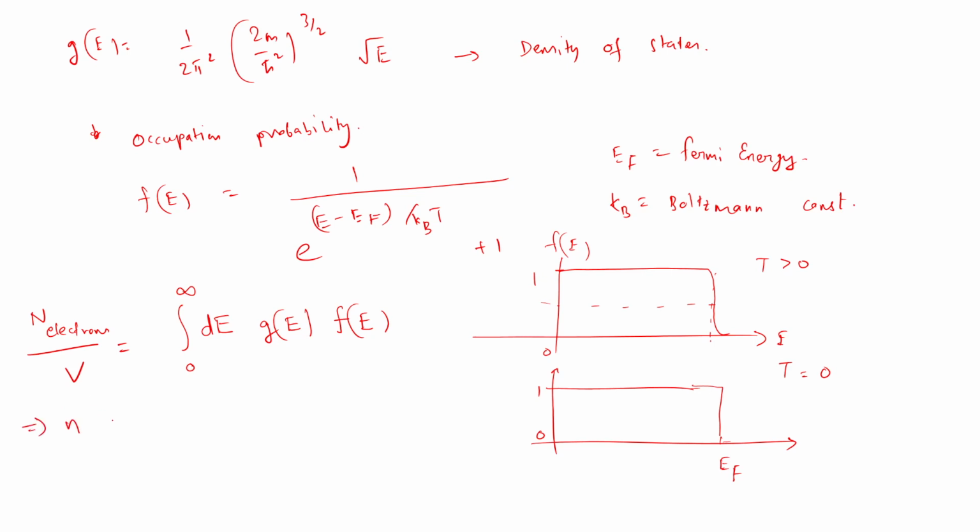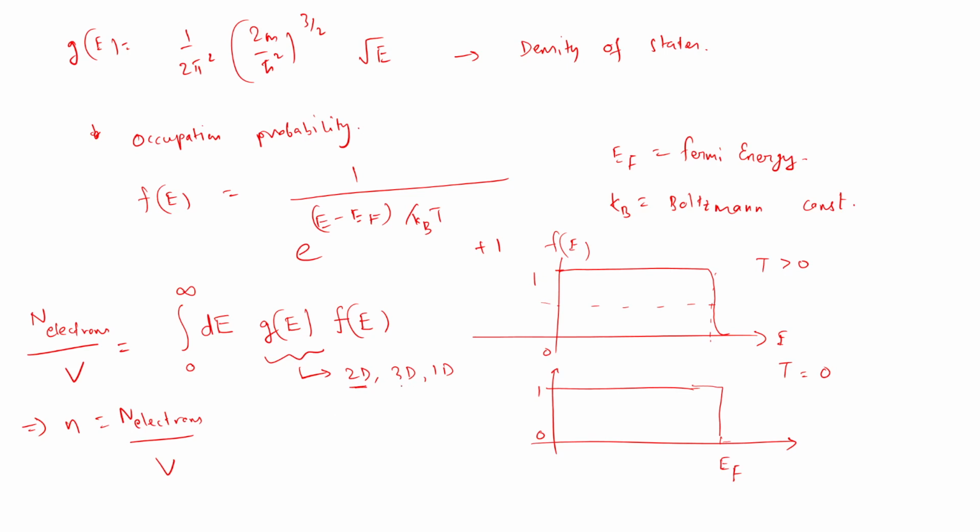So n is equal to N electrons over V. This G of E you can find for the 2D case, for the 3D case, and for the 1D case as well. If the question is asking for the electron density in the 2D case, you have to use the density of states for 2D.